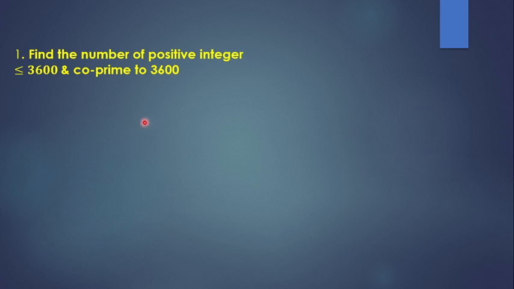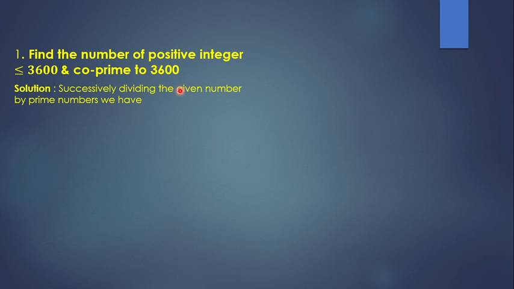Here the example says: find the number of positive integers which are less than or equal to 3600 and co-prime to it. Co-prime to it means co-prime to the given number, the same number, 3600. So how to find the prime factors of a given number?